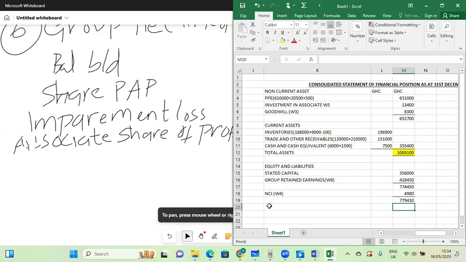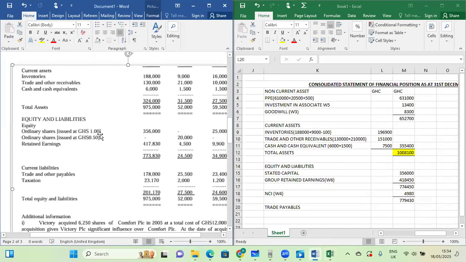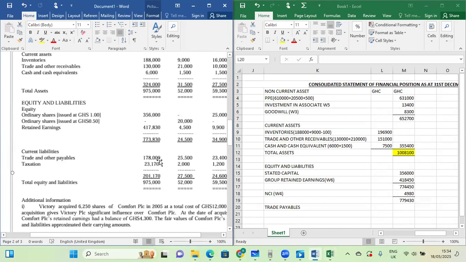Now, what are we going to do now? We just bring in our liabilities. So trade payables. Right. So now the trade payables coming here, the trade payables we have in here is 178,000 and 25,500.